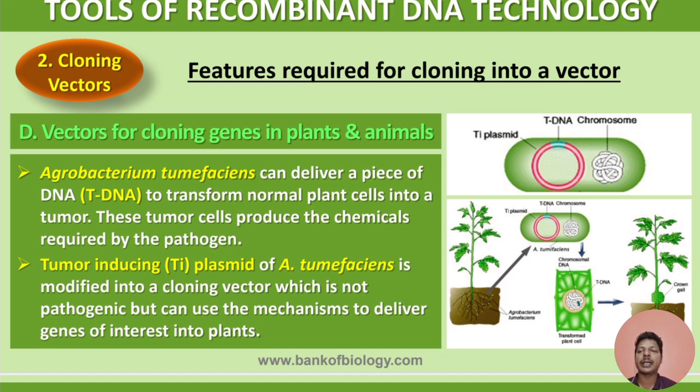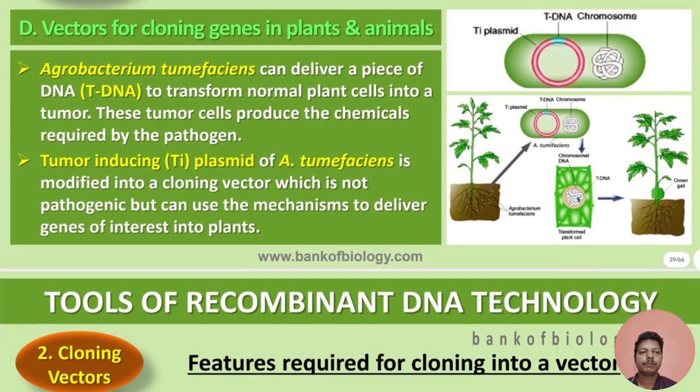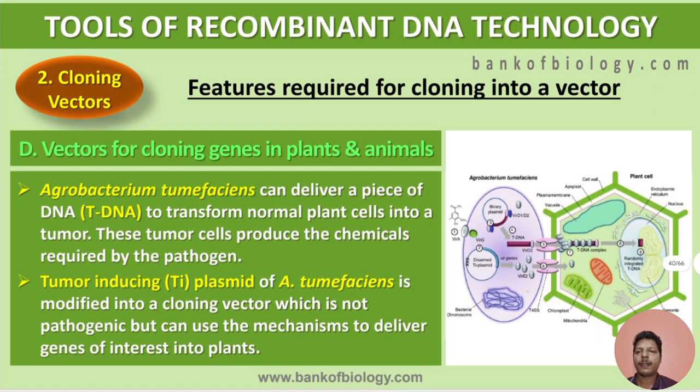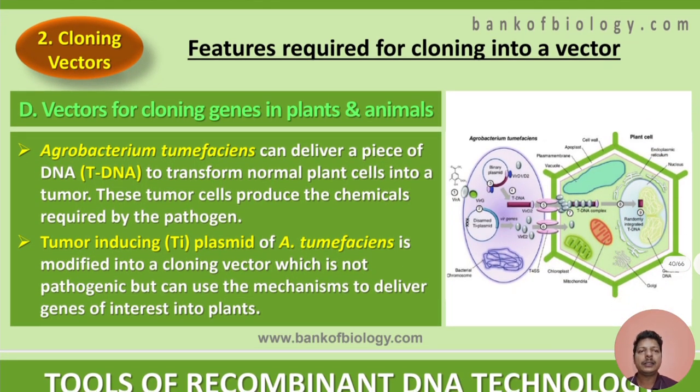This tumor cell produces the chemicals required by the pathogen. The tumor-inducing plasmid of Agrobacterium tumefaciens is modified into a cloning vector which is not pathogenic but can use the mechanism to deliver genes of interest into the plant. Then see the diagrams.